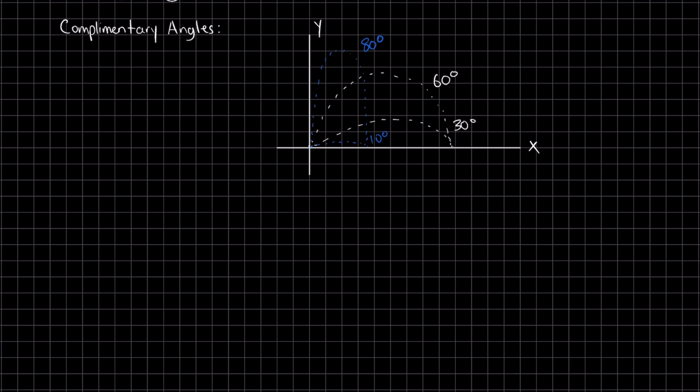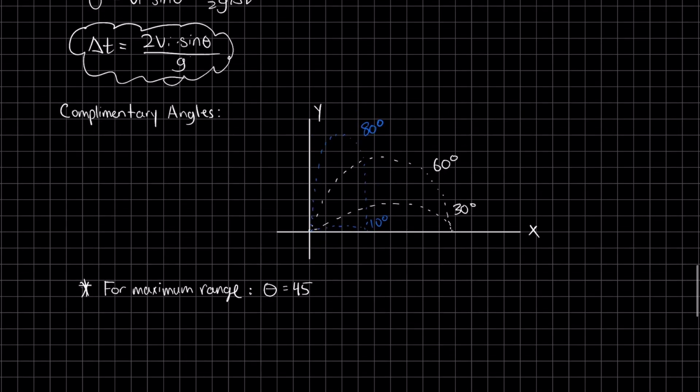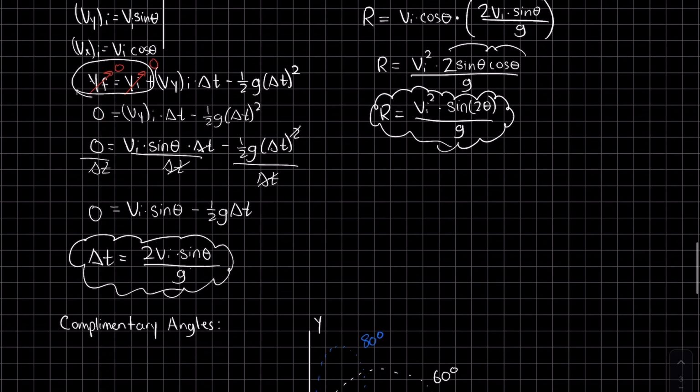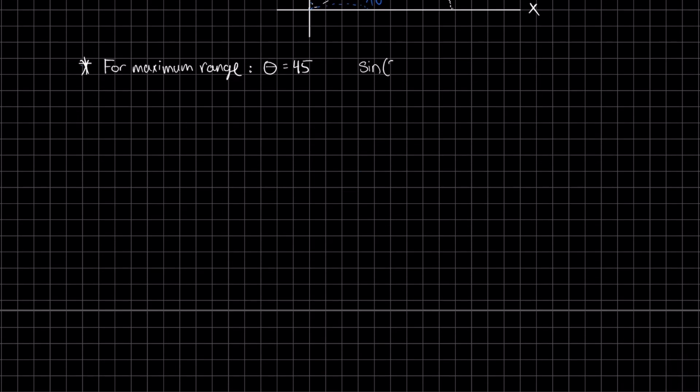One last idea is that if you want to choose an angle for maximum range, if you want your projectile to have as maximum a range as possible, you're going to set your angle to 45 degrees. The reason is that in this equation, we have sine of 2 theta in our range equation. Well, the sine of a certain input is a maximum when it equals 1.